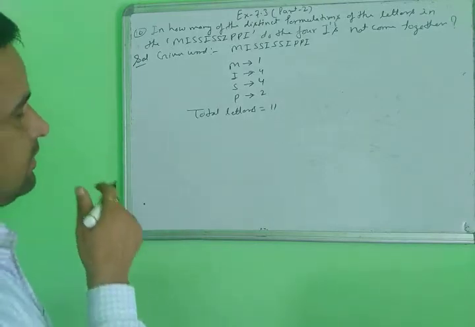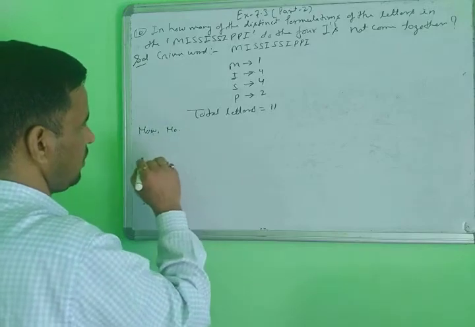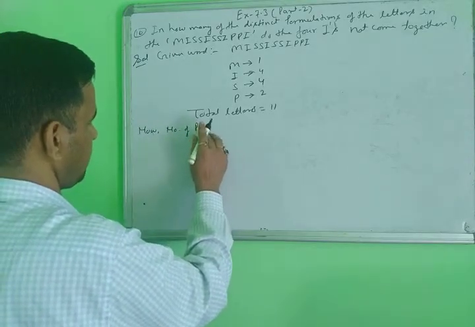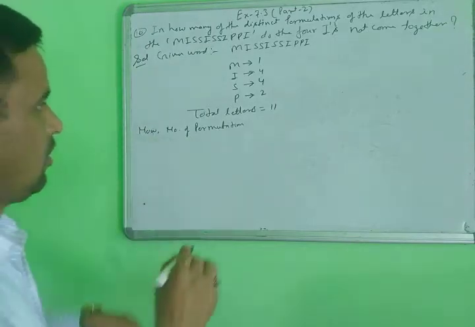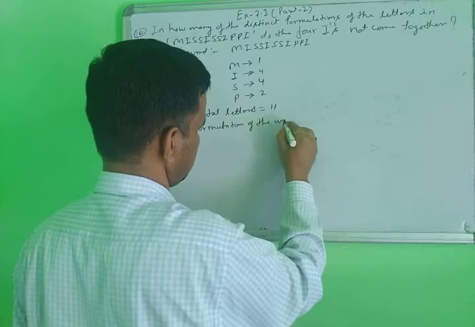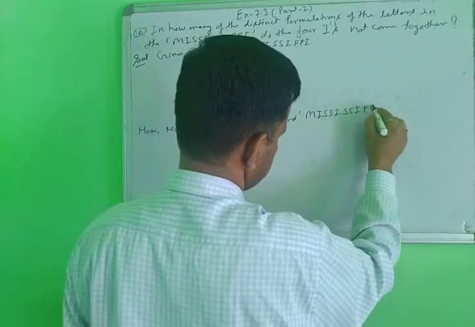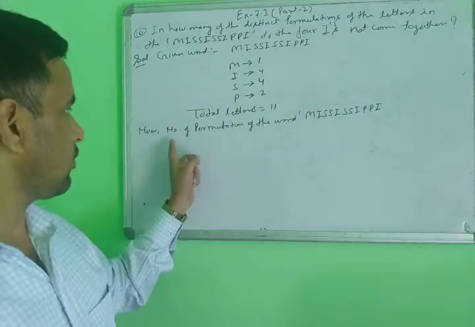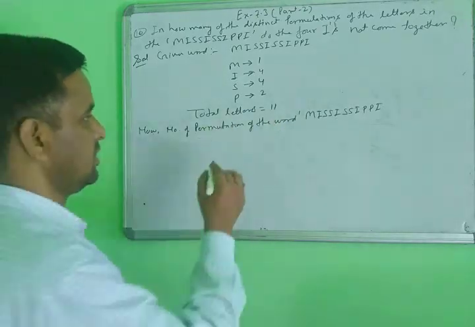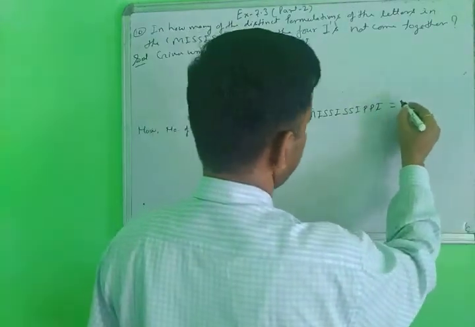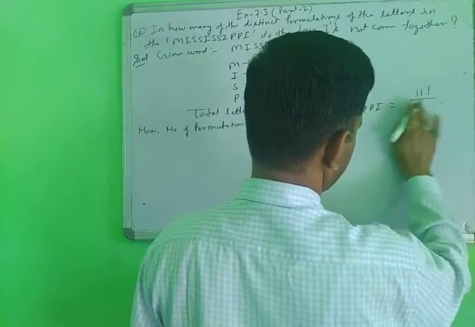So the number of permutations of the word Mississippi, the complete word, taking the 4 I's in the different way, not as one single time, will be 11 factorial upon 4 factorial into 4 factorial into 2 factorial.